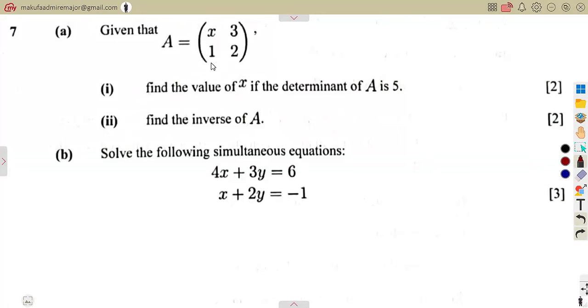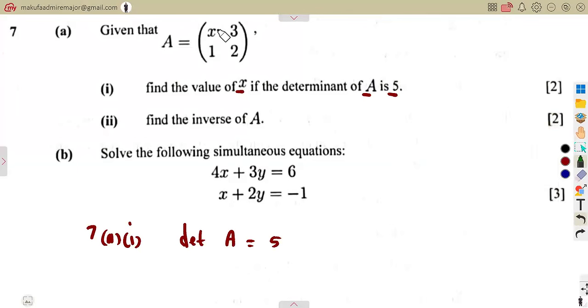The matrix A is x, 3, 1, 2. Then item 1, you're asked to find the value of x if the determinant of A is 5. So the question is, how do you calculate this determinant?